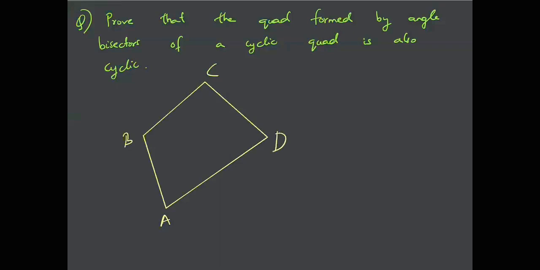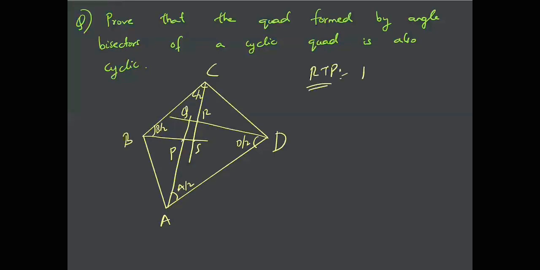So say this is the angle bisector, this is the angle bisector, this is the angle bisector, and this is the angle bisector. So this is A by 2, this is D by 2, this is C by 2, and this is B by 2. So this is PQRS. You are required to prove that PQRS is also cyclic.